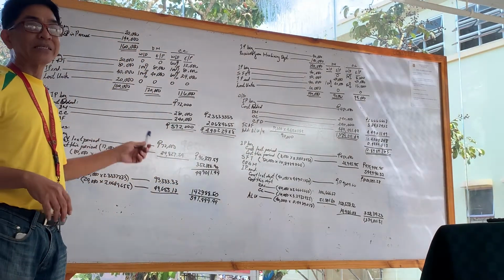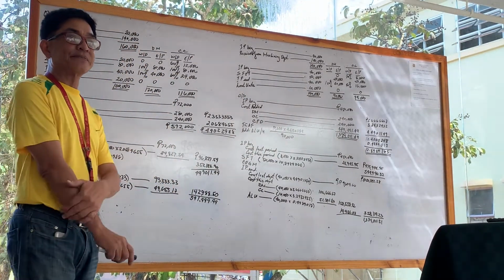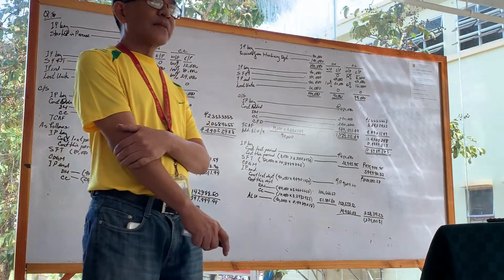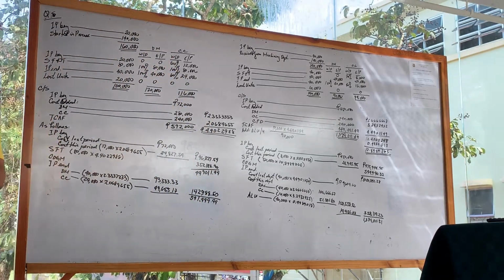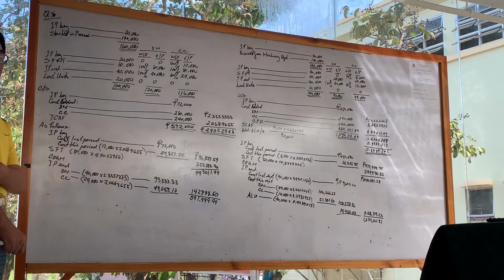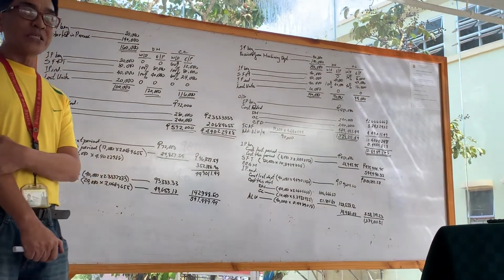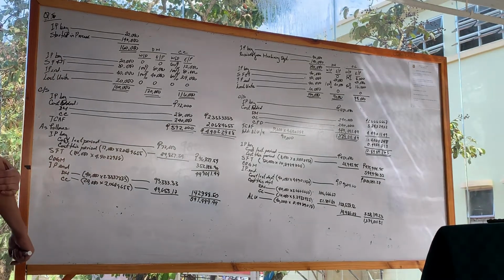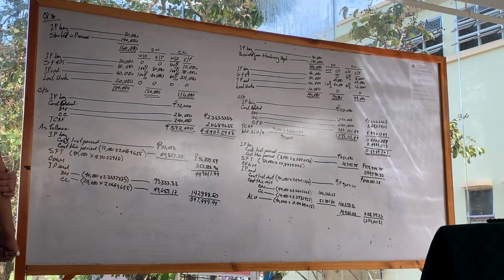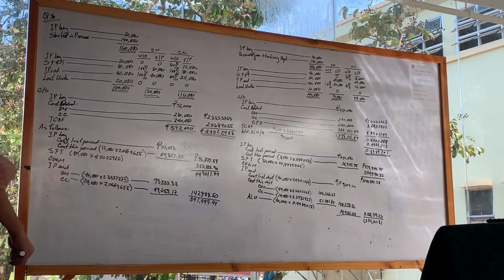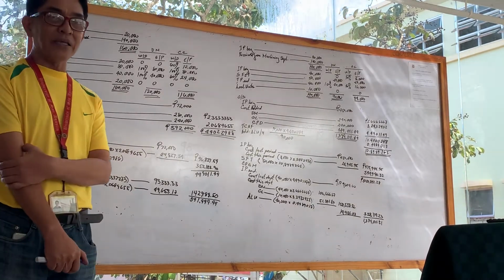Let's prepare the entries. Entry number 1, to record the costs incurred in machining department. Debit, work in process, direct materials, machining department, 280.